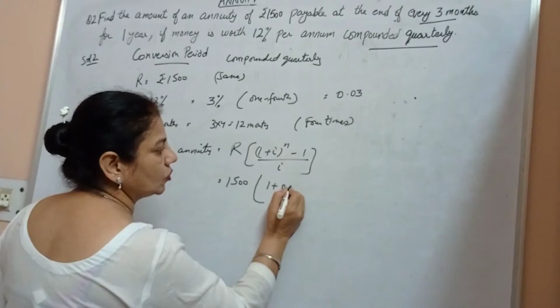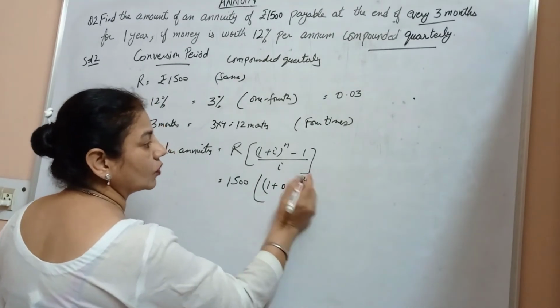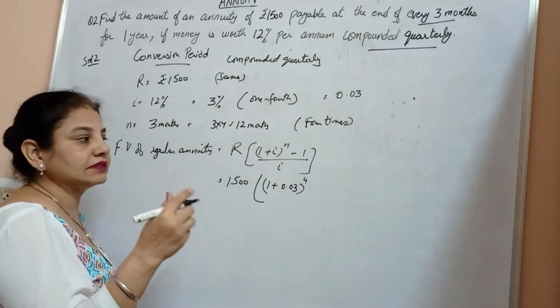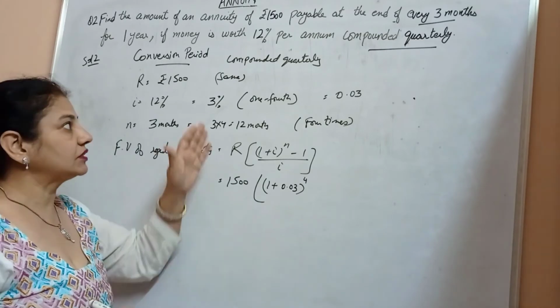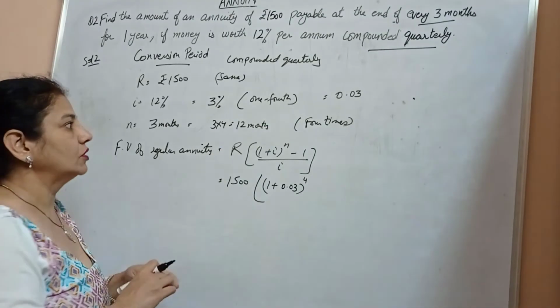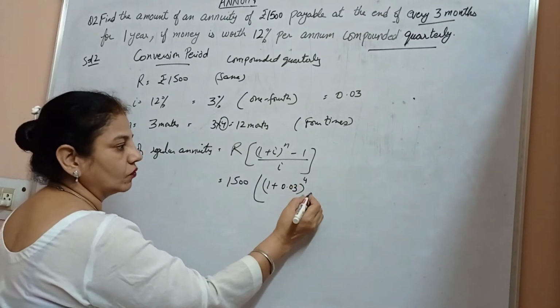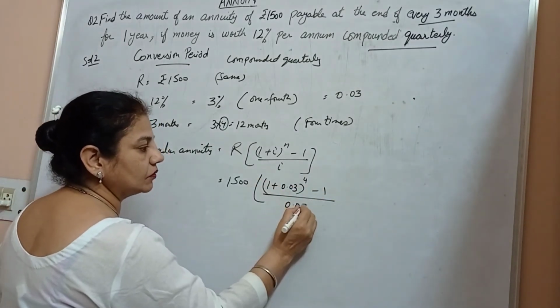So we write 1 plus 0.03 whole to the power 4, because at the end of every 3 months, in 1 year it comes 4 times. So whole to the power 4 minus 1, divided by I, again 0.03.